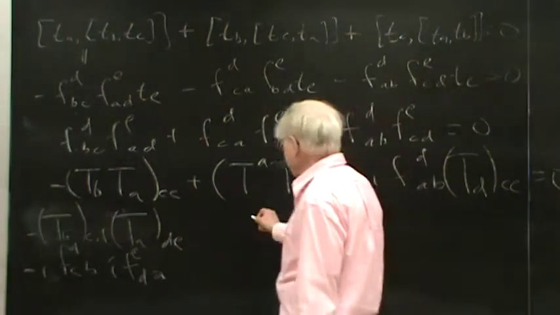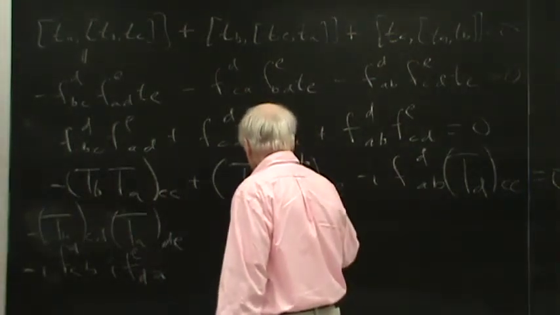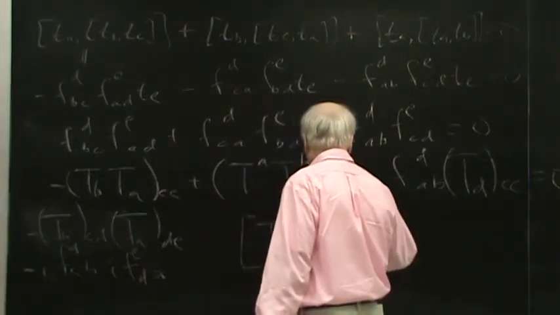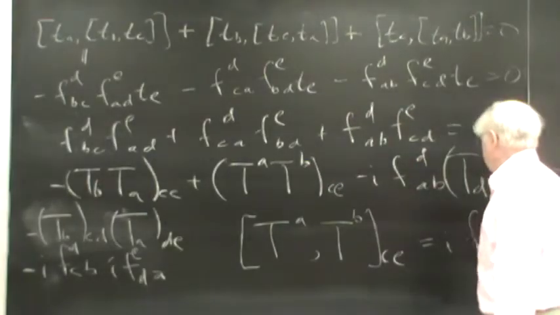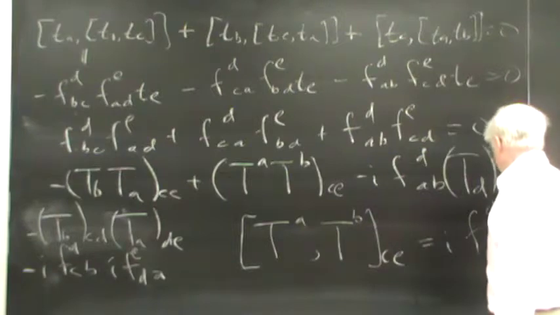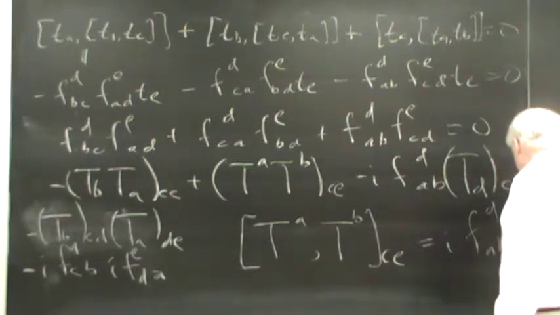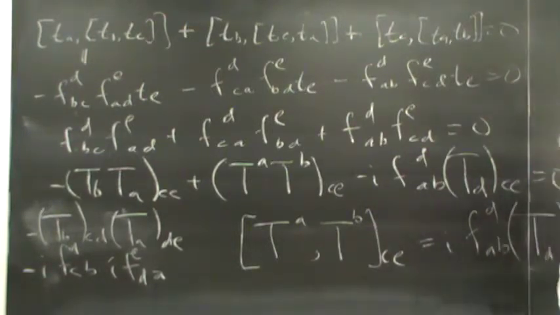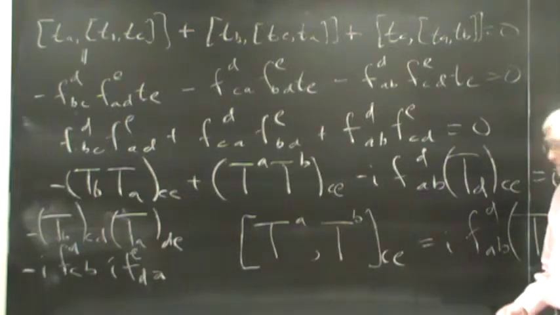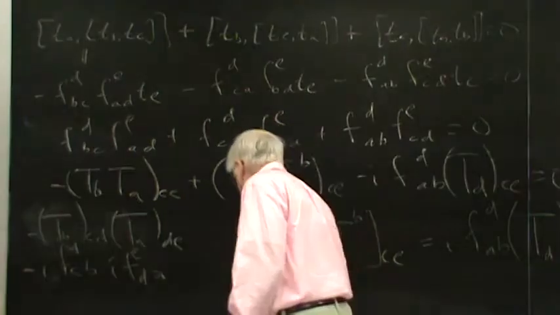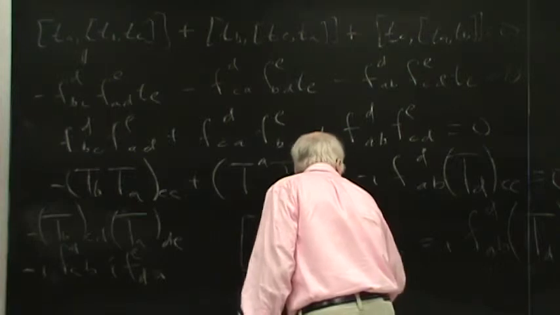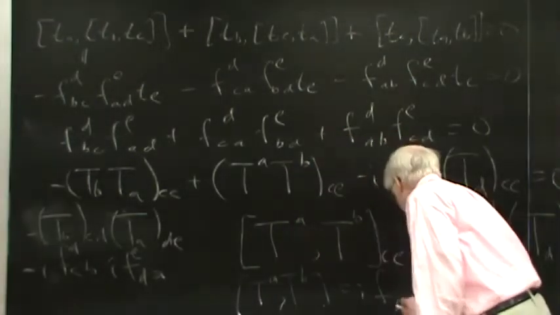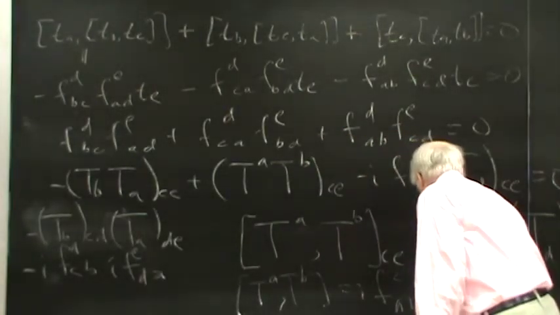What we found out is that these matrices that we define satisfy this relation. Or in matrix notation, TA, TB is I, F, A, B, C, TC.